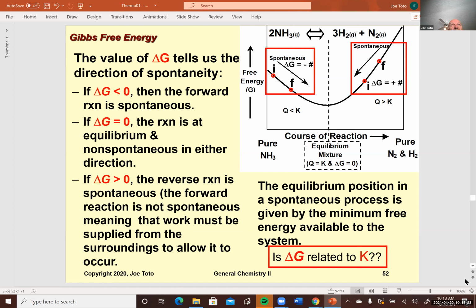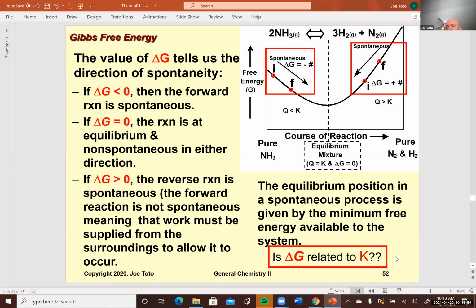So neither one of those situations is favorable according to the second law of thermodynamics, because when you have a high concentration of anything, thermodynamics says it wants to be diluted. It wants to change from pure to some mixture. And by having a mixture, entropy is increased.